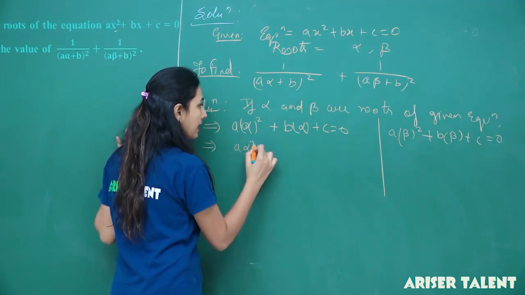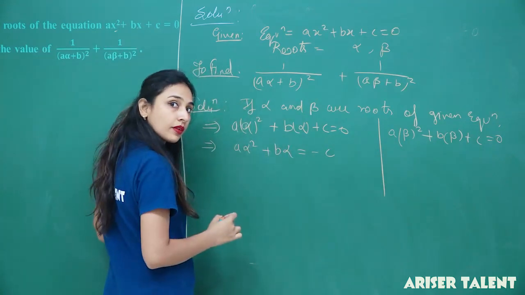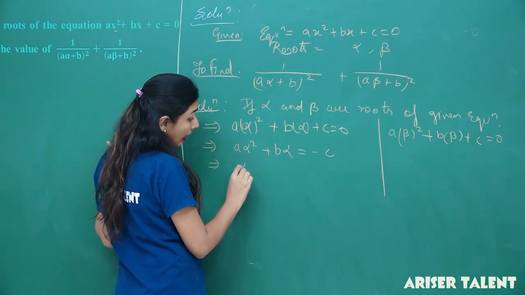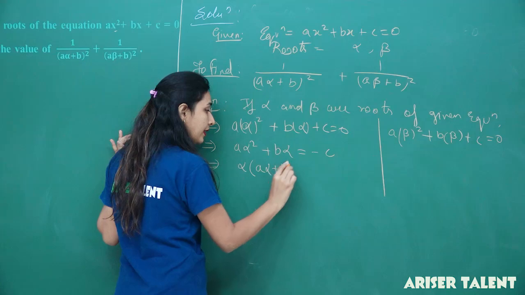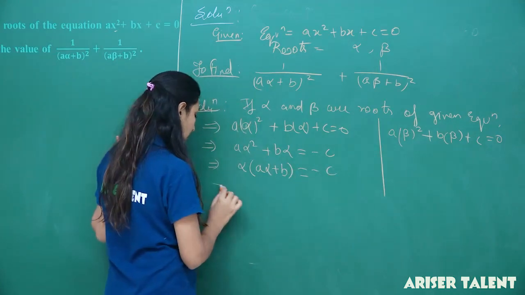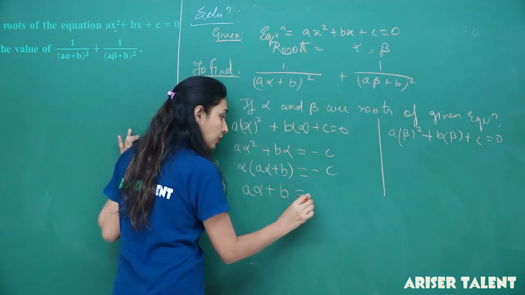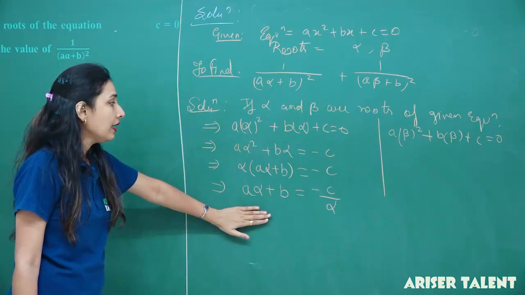a alpha square plus b alpha equals minus c. Okay, now taking alpha common, a alpha plus b equals minus c by alpha, right students?